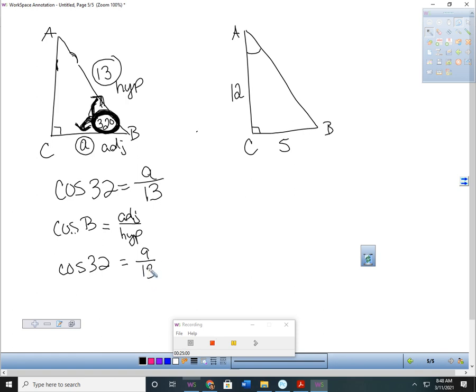The hypotenuse is always the hypotenuse, right? The adjacent and opposite just depend on which angle you're looking at. And then you would just multiply by your 13, and that's going to get you 13 cosine 32, which is 11.